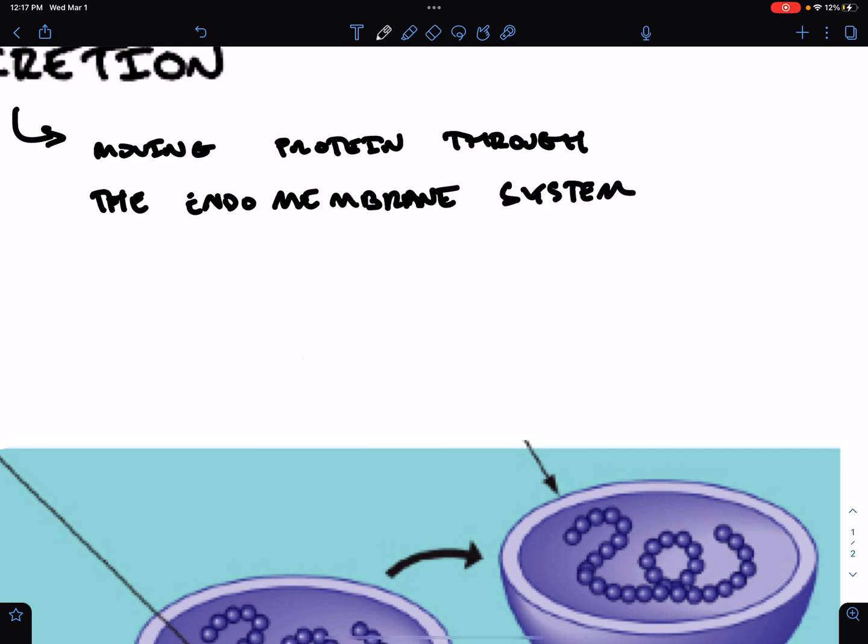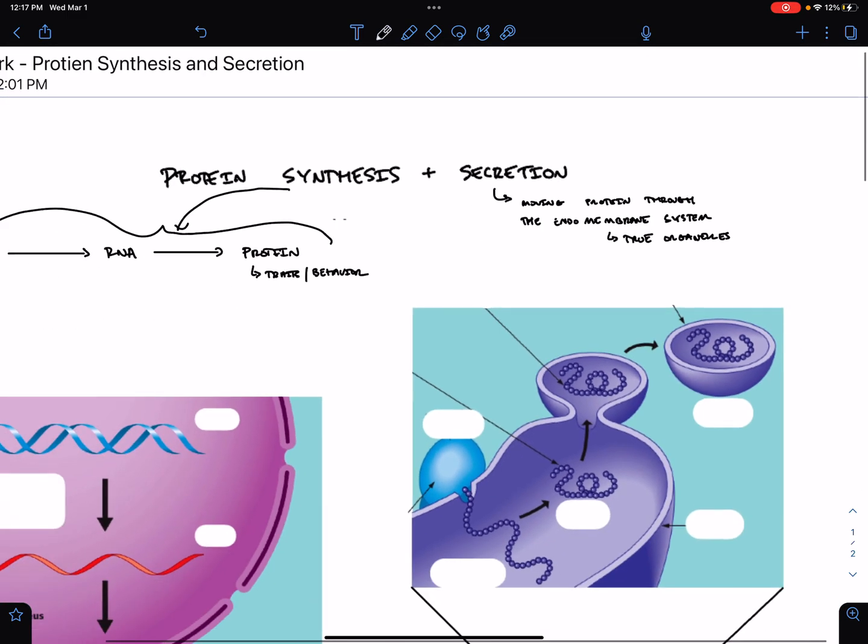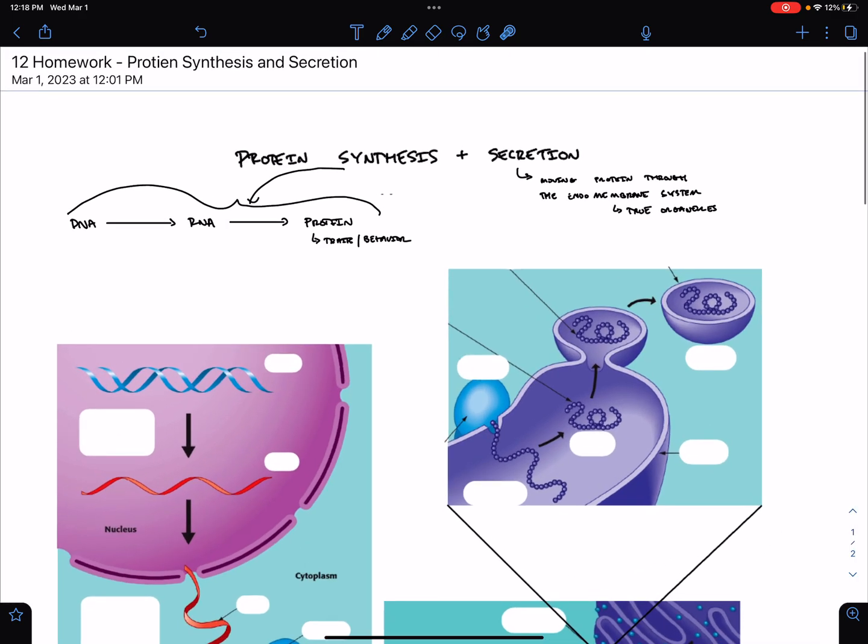And the endomembrane system are the true organelles of the cell. So we're using protein synthesis and secretion to tie together what's the central dogma of biology, how DNA encodes our traits and behaviors. And then we're tying that together with the endomembrane system or the organelles that we're studying in class.